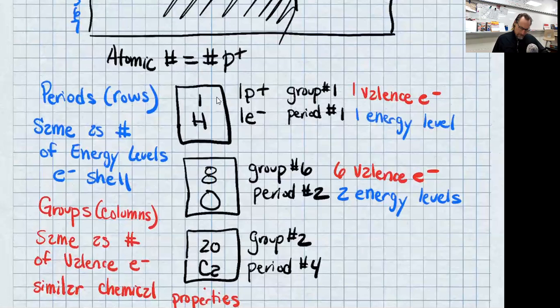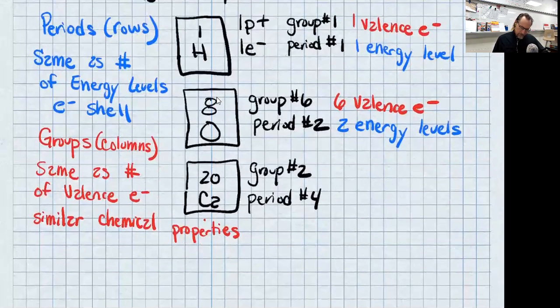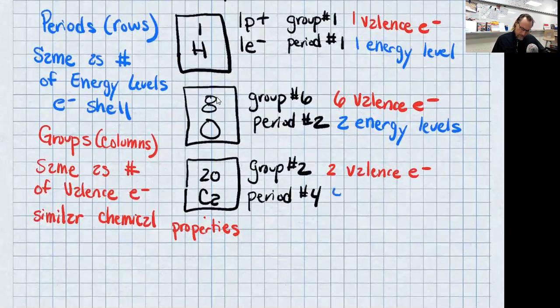And then if I look at calcium on here, calcium is in group 2, so it's going to have 2 valence electrons. And it's in period 4, so it's going to have 4 energy levels.